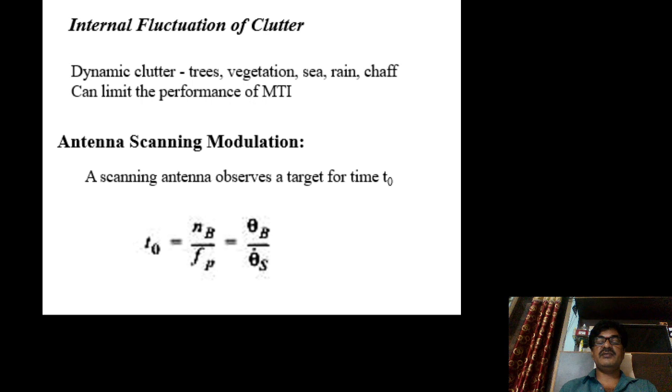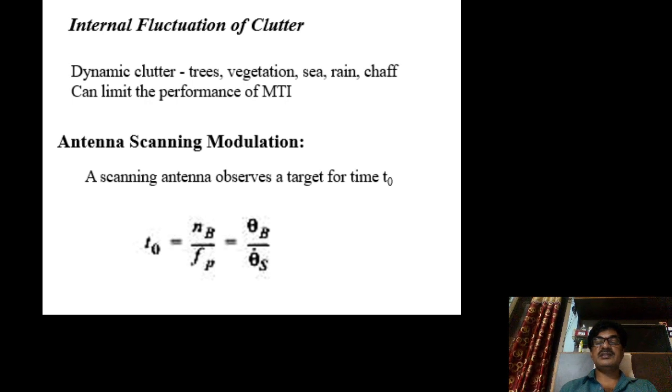Examples of moving clutter are the echo from trees, vegetation, sea, rain, chaff, birds, etc. So with reference to moving clutter, it is very difficult to remove the total clutter effect.